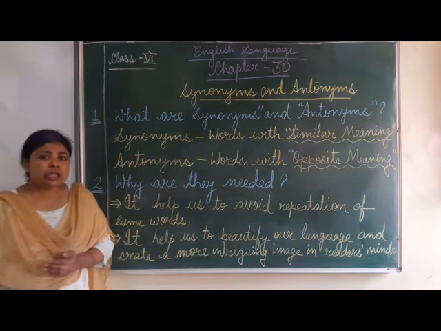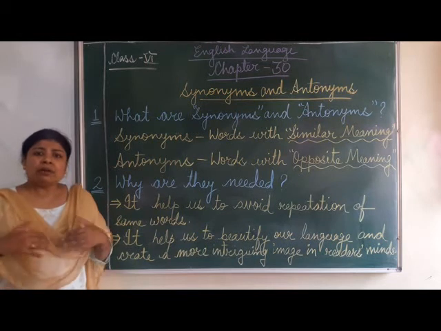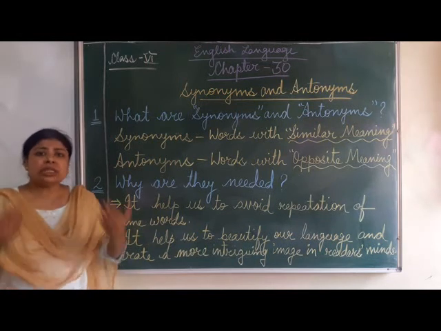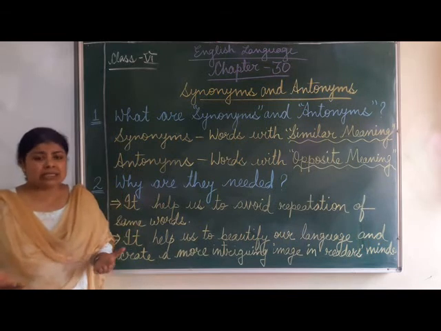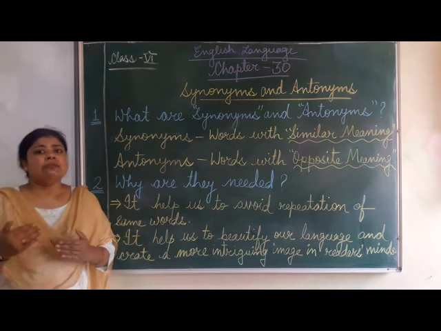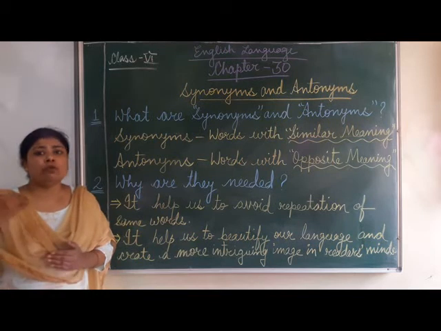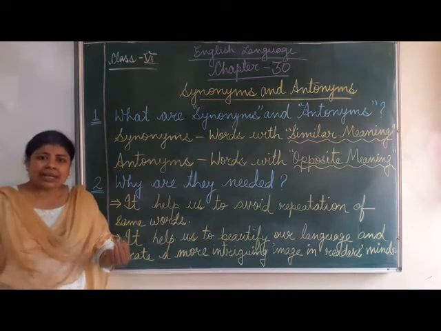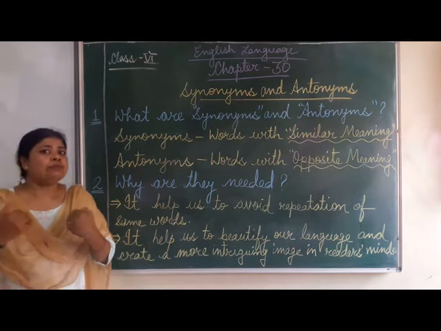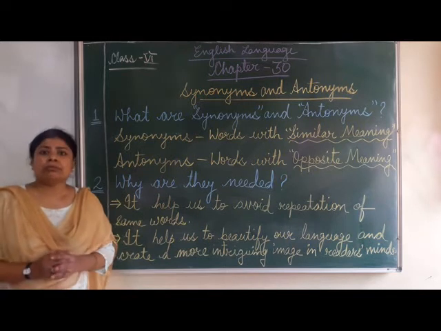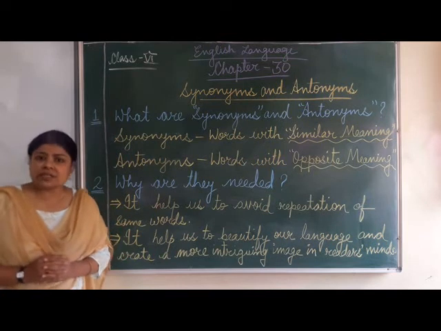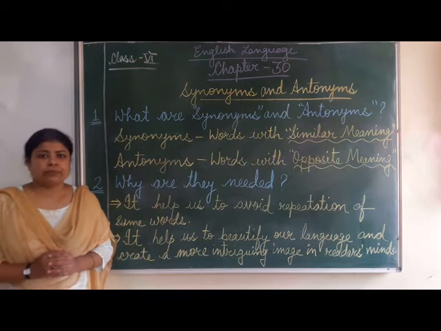Now, communication process means whatever I want to say to you, it should reach your ears and mind in the same way, with the same meaning I want to convey. And if you are getting the exact thing that I am trying to say, that means the communication process is totally successful, totally complete.